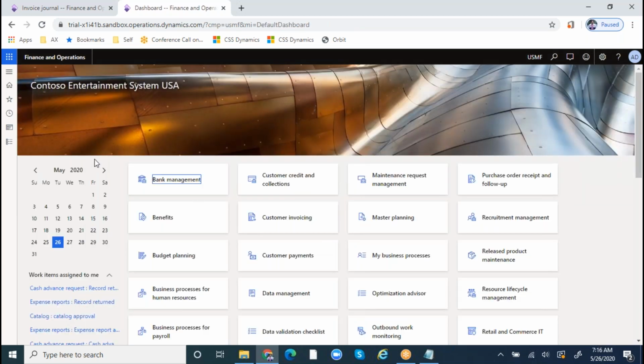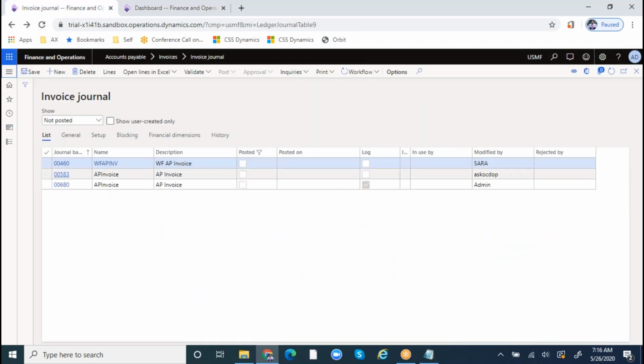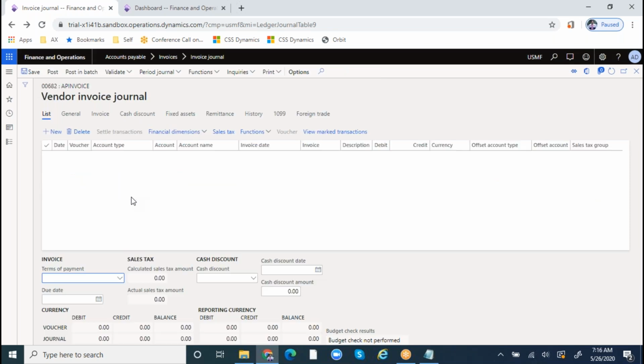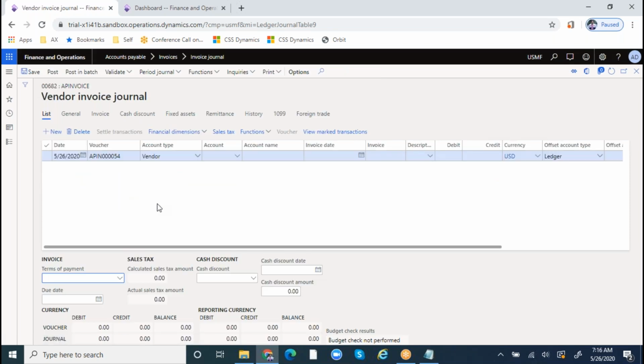Now I'm doing an invoice. Click on invoice journal. I'm selecting invoice lines. Select the vendor.